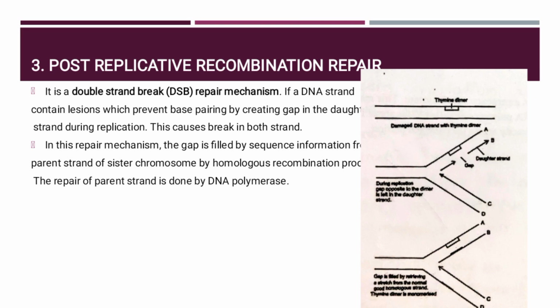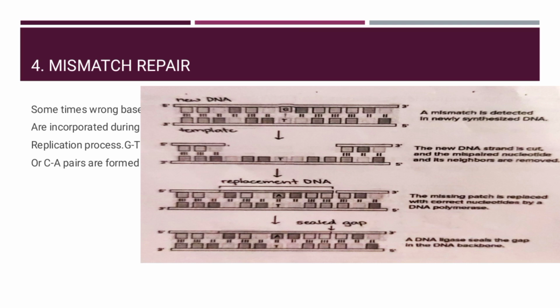Mismatch repair. In this, sometimes the wrong bases are incorporated during the replication process. Guanine and thymine, or cytosine and adenine pairs are formed. The wrong base is always incorporated in the daughter strand only.